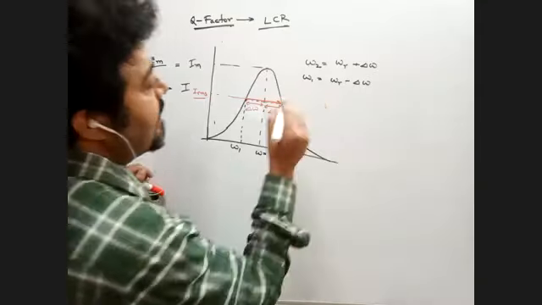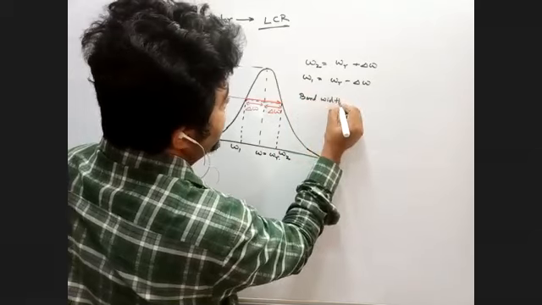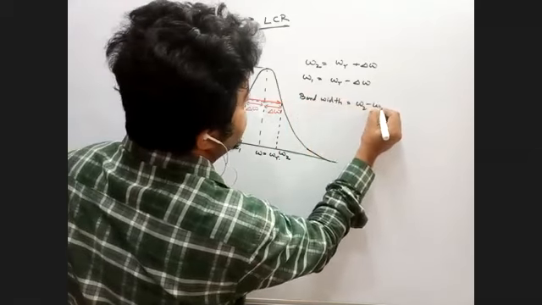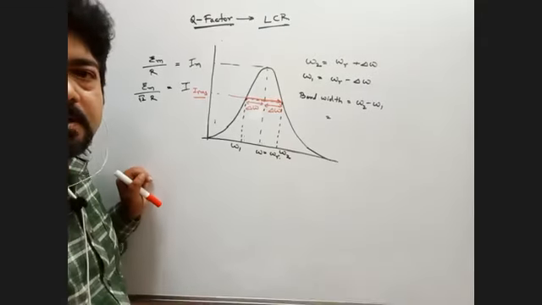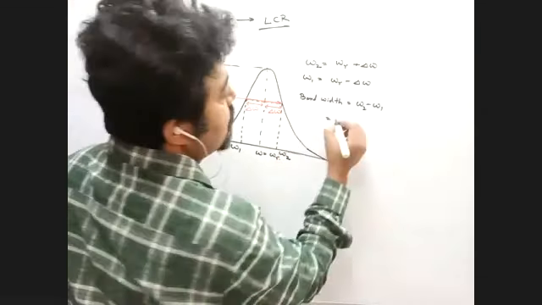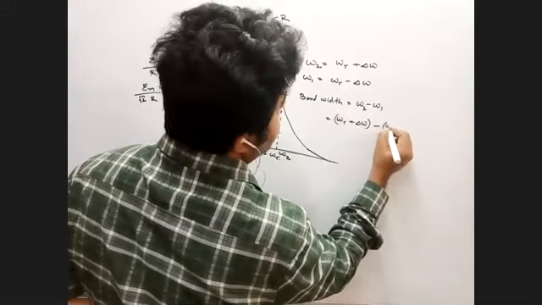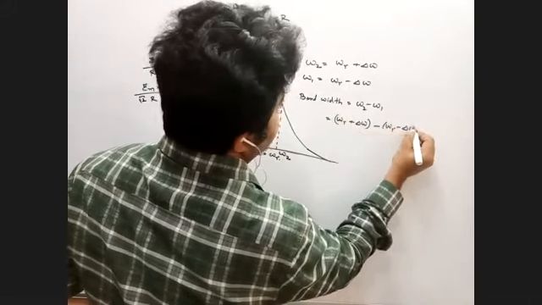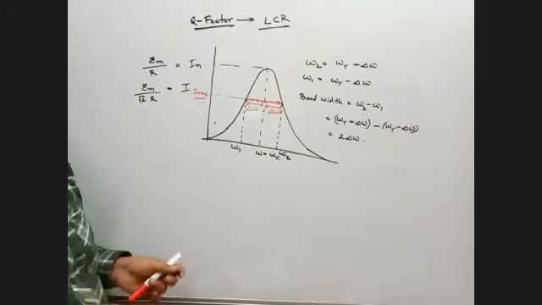So bandwidth is omega R plus del omega minus omega R minus del omega, that is 2 del omega. That is the bandwidth.